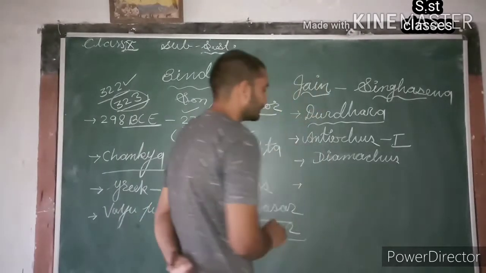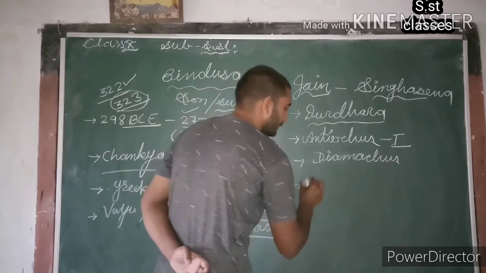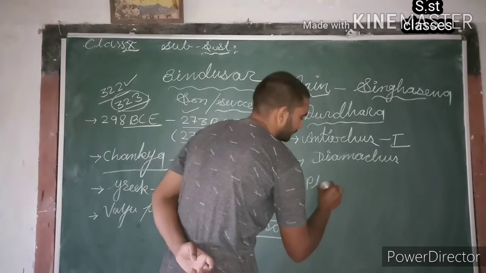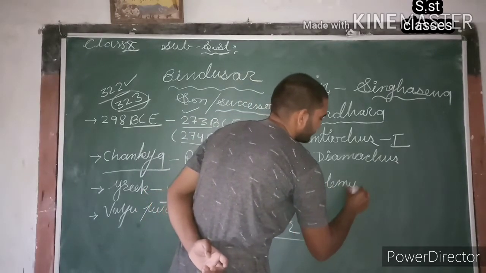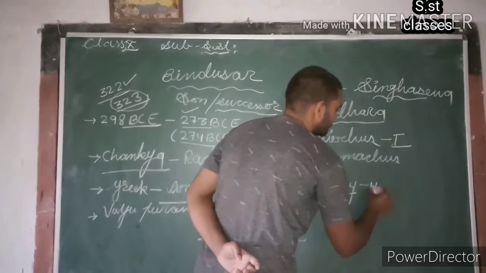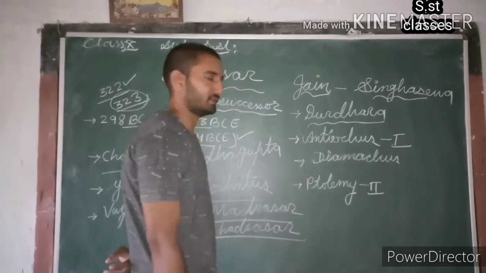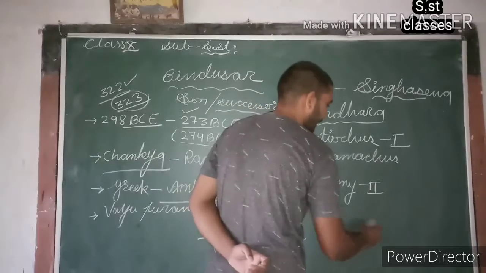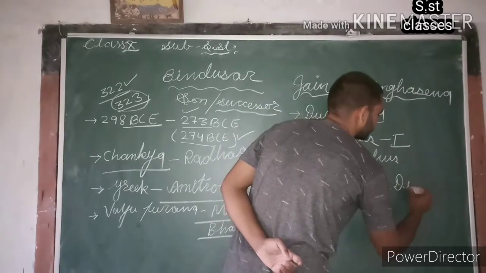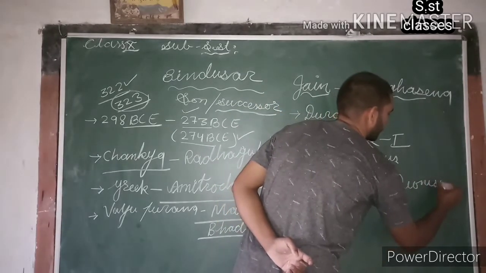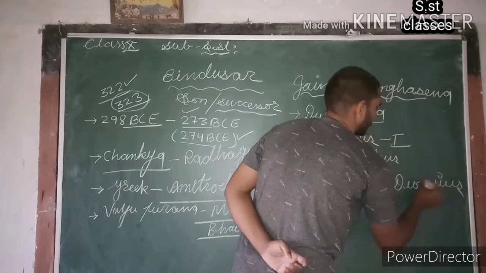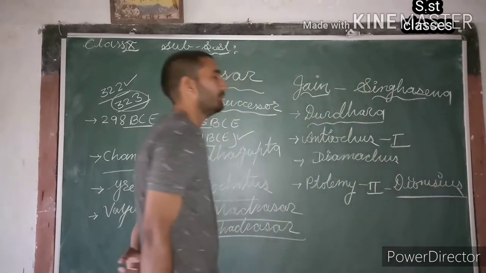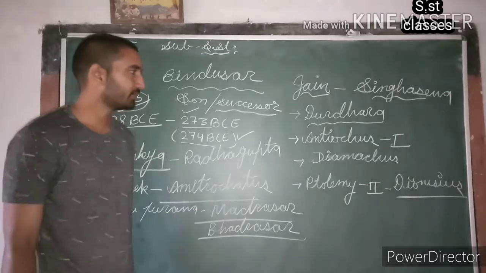On the other hand, the ruler of Egypt, Ptolemy II, or Philadelphus, appointed Dionysius as his ambassador. Is that clear?